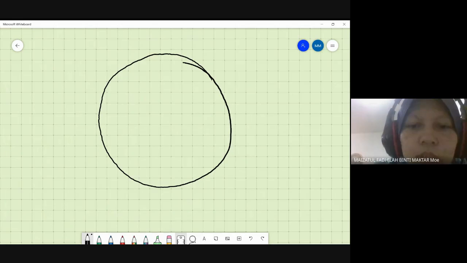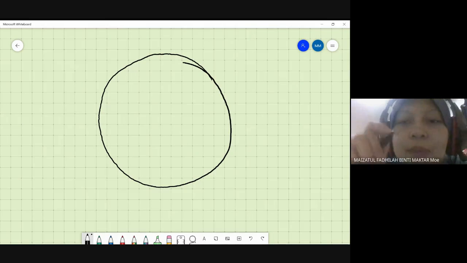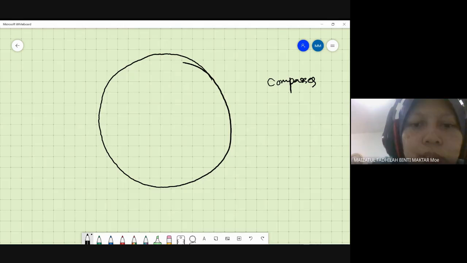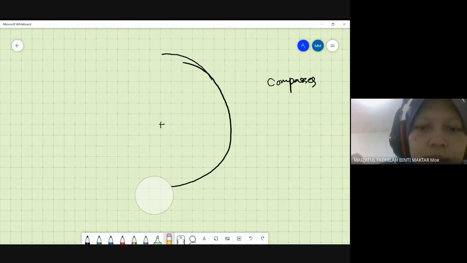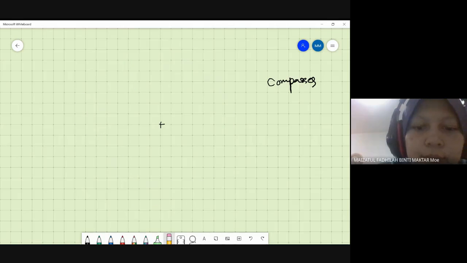Where do you want to start from? First, it's better to draw the circle using a compass. I know each of you must have your own compass. After that, mark the middle first, then draw a circle.